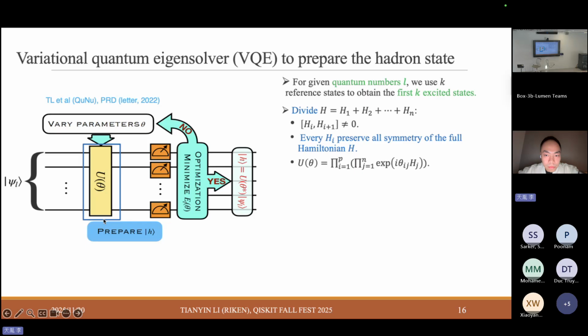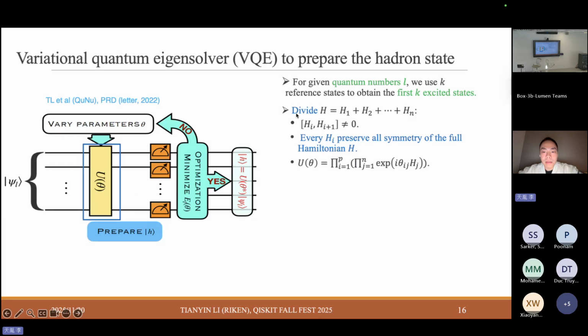And then we need to construct the ansatz of the variational quantum algorithm. The ansatz needs to preserve the quantum number of the initial reference state, because the initial reference state has the same quantum number as the target hadron state.